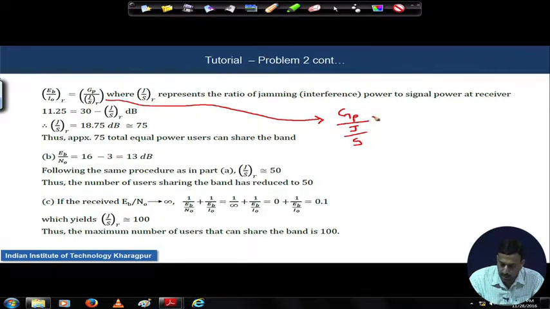GP, as we already know, is nothing but the chip rate divided by the original bit rate, and J by S, as I said, is the jammer to signal power ratio.